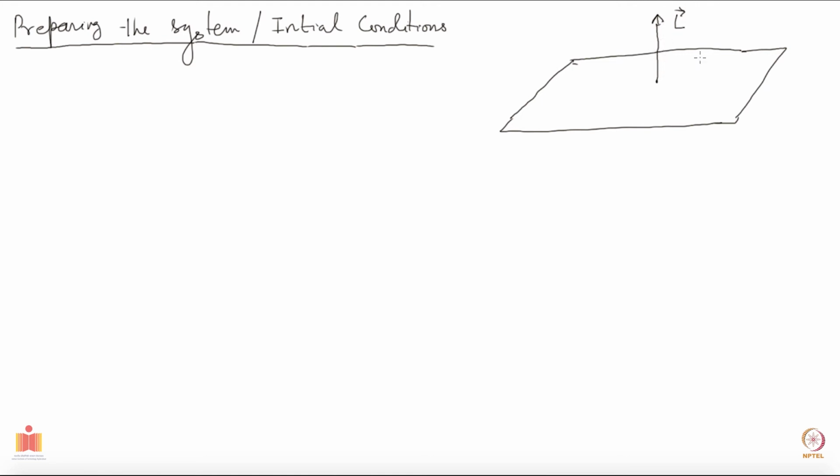I have not chosen the L yet, but I know that this will be the direction I have chosen. Okay, and let's say this is the origin O, where r is equal to 0, and let's say I want to start here. Okay, some point r, let's call it r naught. Okay, and I want my system to have a total energy E. Now if it is here, it will have some potential energy U of r0, right?